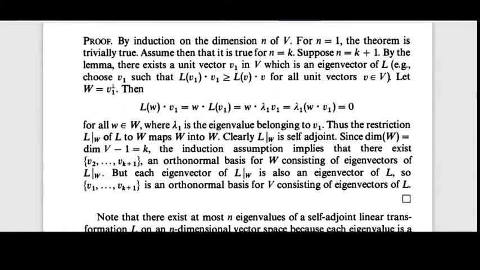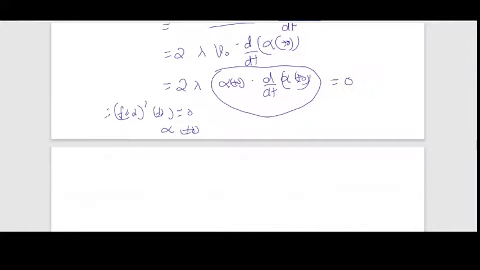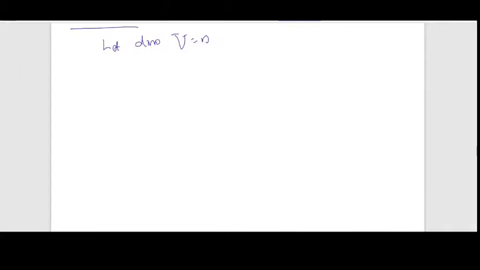Okay, so we prove this theorem by using induction on the dimension of V. So here we take dimension of V equal to n. So proof of theorem number 2: let dimension of V equal to n. Now consider n equal to 1.